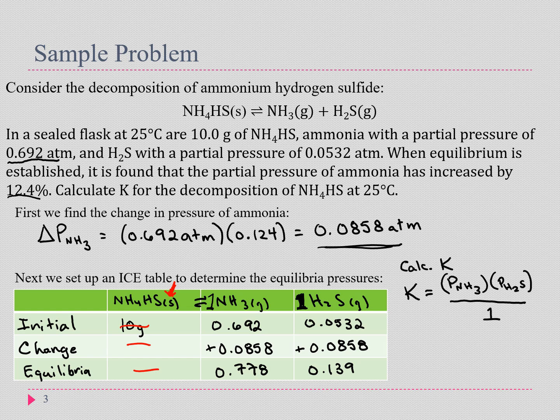And so now we're just going to plug in the values that we had. K is equal to 0.778 times 0.139. And so the equilibrium constant for this is 0.108. All right, that's our final answer then.